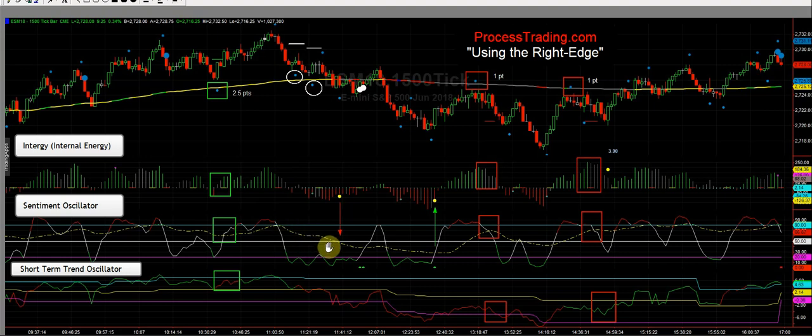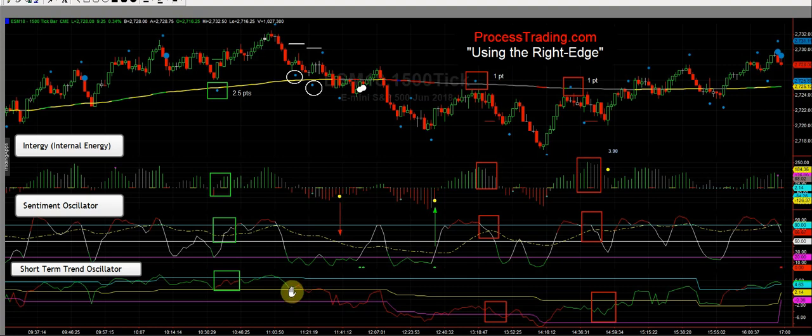And with that sentiment line sloping down, you would be very hesitant to go against it. Matter of fact, you would say you would not take the trade, you would not go against it, but the trade management technique itself kept you on the safe side and kept you out of it.